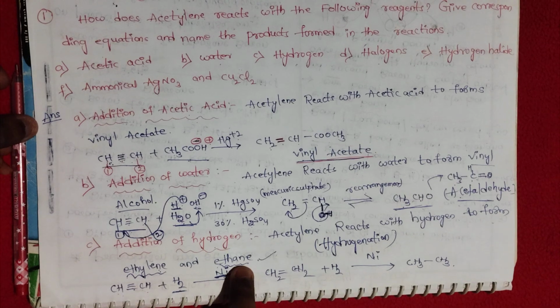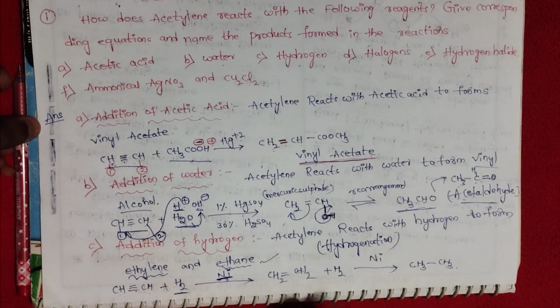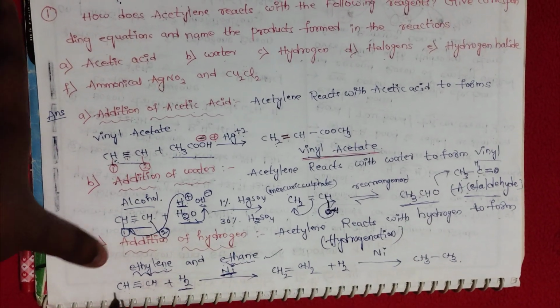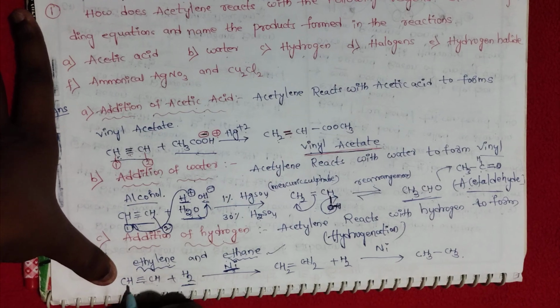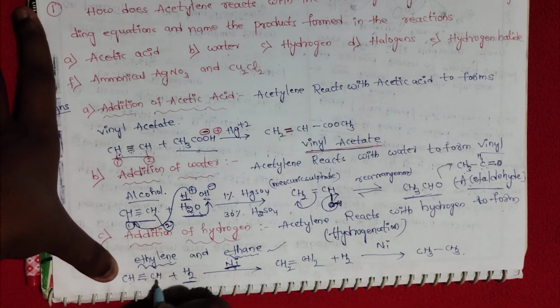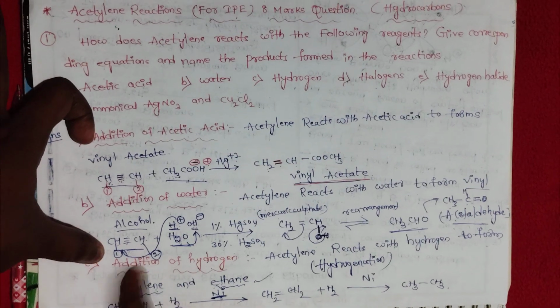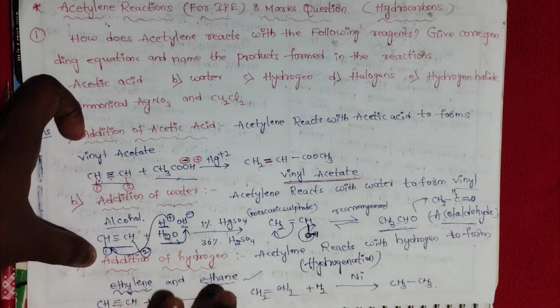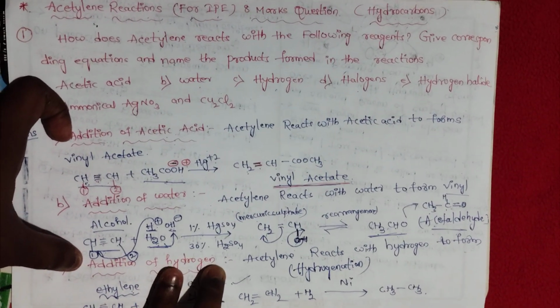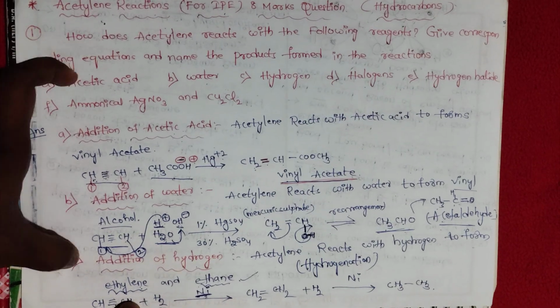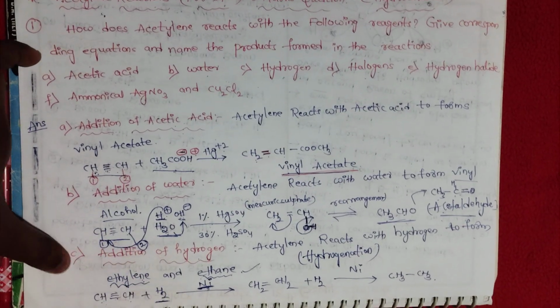Ethylene and ethane. How do we get these two types of products? We see the reaction. The formula of acetylene is CH triple bond CH. In every reaction, what common process are we seeing? Addition. Addition means that by taking the reagent, it is added to the acetylene.